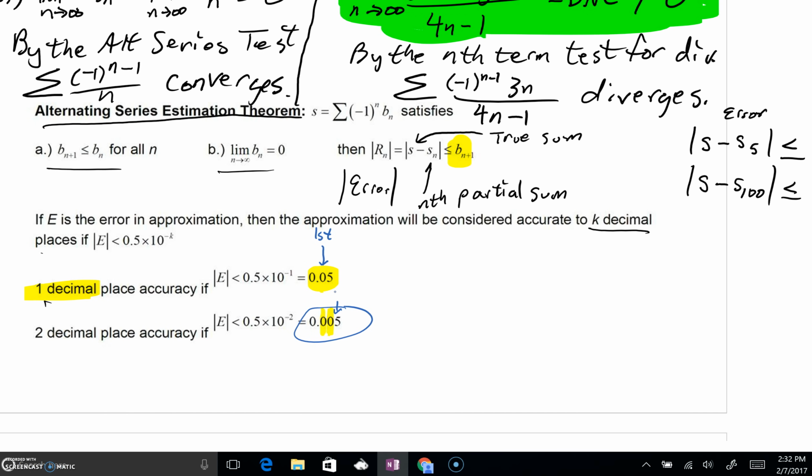If we're smaller than that, we can't round up and affect the second decimal place. So that's really what's happening. That's your error bound. If you could say my error is smaller than 0.005, that means that you're accurate to 2 decimal places. Okay?